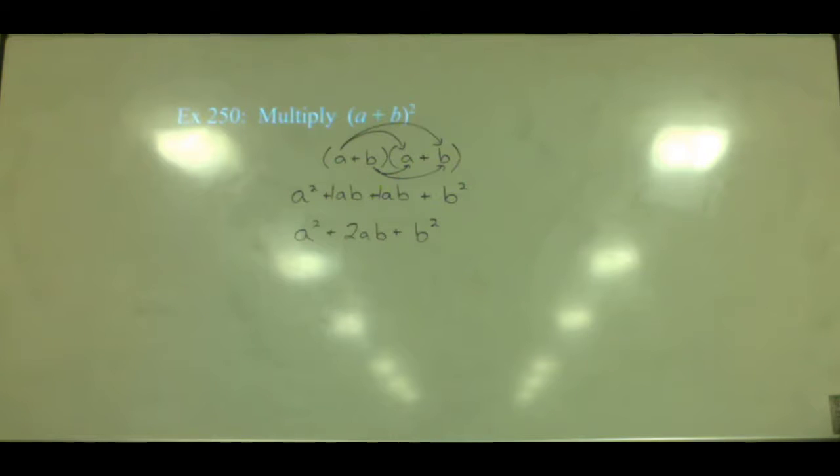And yes, I added those ones in front of the abs because the ones are automatically there, and then we can add them together. Questions on that? Because like I said, that's the one that people get mixed up with what we had done before. Once you do the thing, you get rid of the 2. Yeah, that's what it means to square it, multiply it by itself.